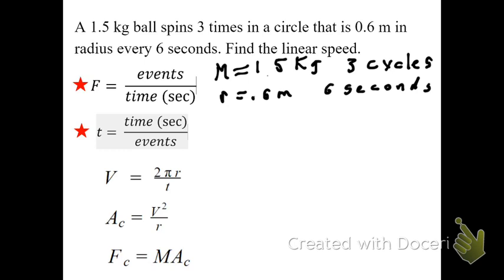So first thing we're going to do is look and find the equation that gives us linear speed. So that's going to be this one here. Okay? So we'll just kind of underline that. That's where we need to get to. So in order to use that equation, we are going to need a couple of things.